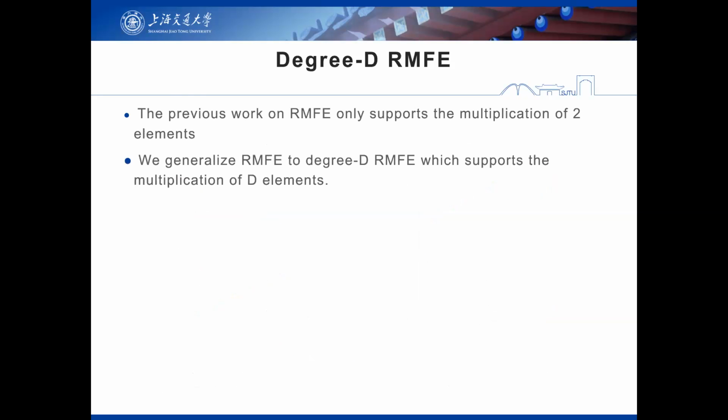Okay, the previous work on RMFE only supports the multiplication of 2 elements. This is for the MPC protocol, because we need a Beaver triple, and one Beaver triple only involves the product of 2 elements. So we generalize RMFE to degree D RMFE, which supports multiplication of D elements. This is the idea of how this works.